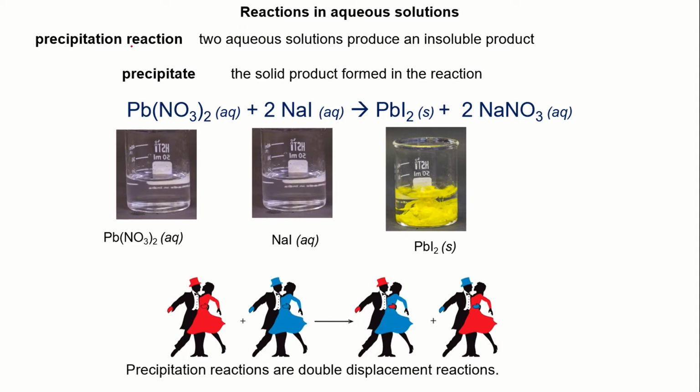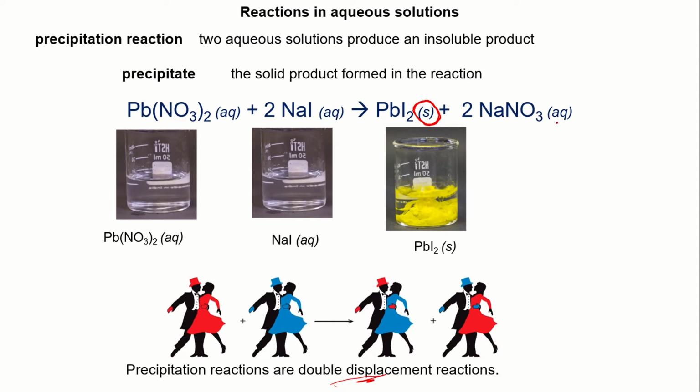So these precipitation reactions are usually double displacement reactions, and when you mix two aqueous solutions, water-soluble substances, you get a solid.